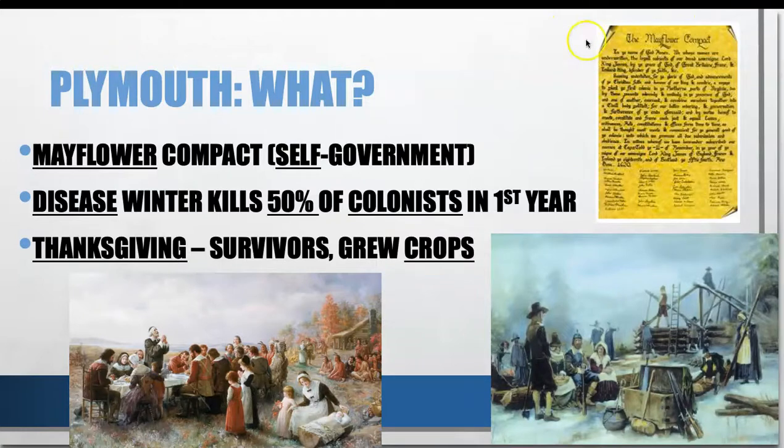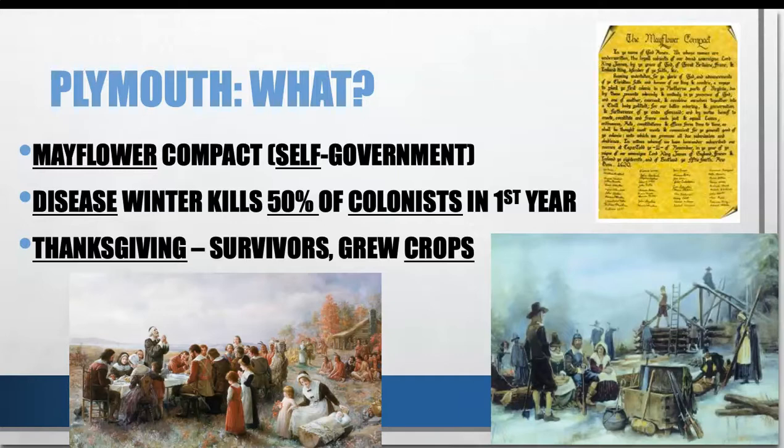So what were the big things that came out of Plymouth? Honestly, Plymouth winds up getting absorbed by a larger group of people that were very similar to the Pilgrims. But the number one big thing is we get the first idea of self-government, or the first democratic piece of the colonies, in the Mayflower Compact.